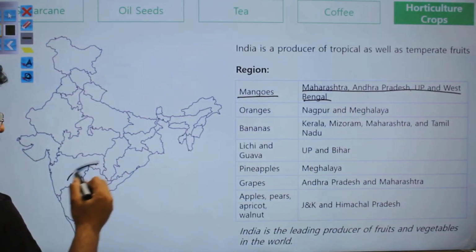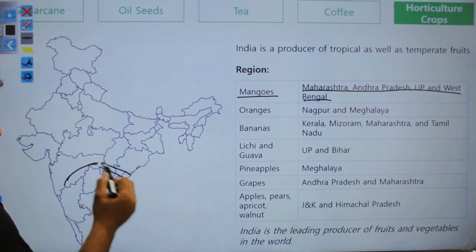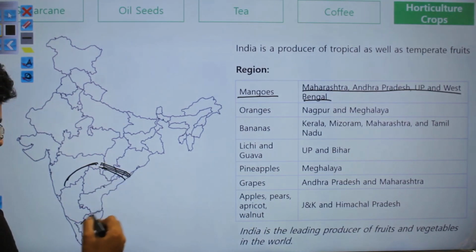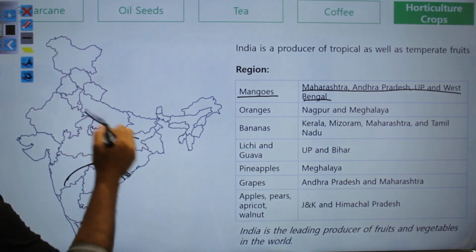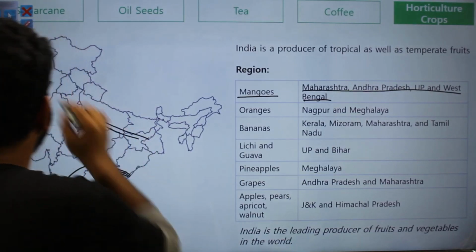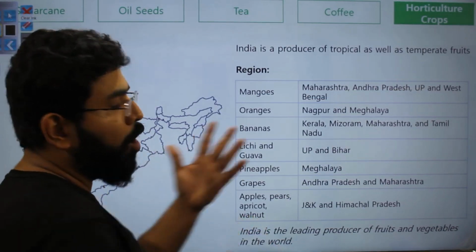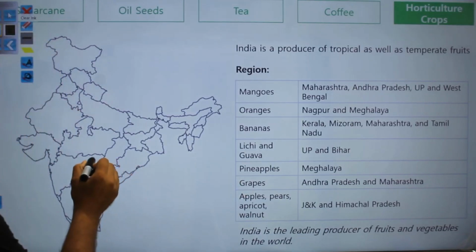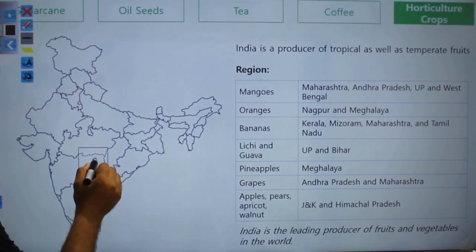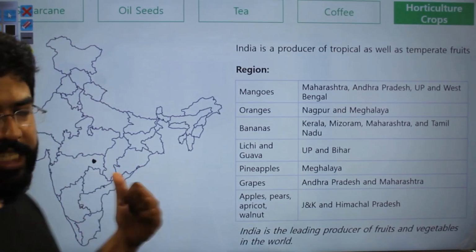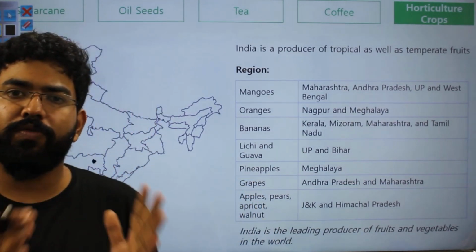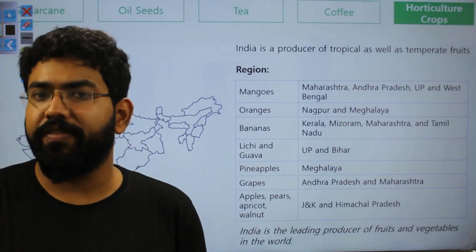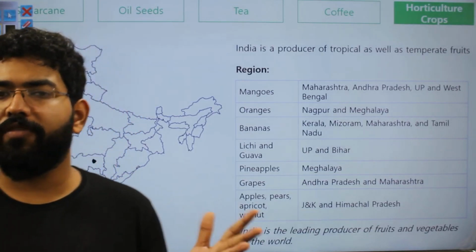In such areas, you generally have mango cultivation. Then for oranges, this specific region of Nagpur is famous. In fact, Nagpur oranges are world famous.